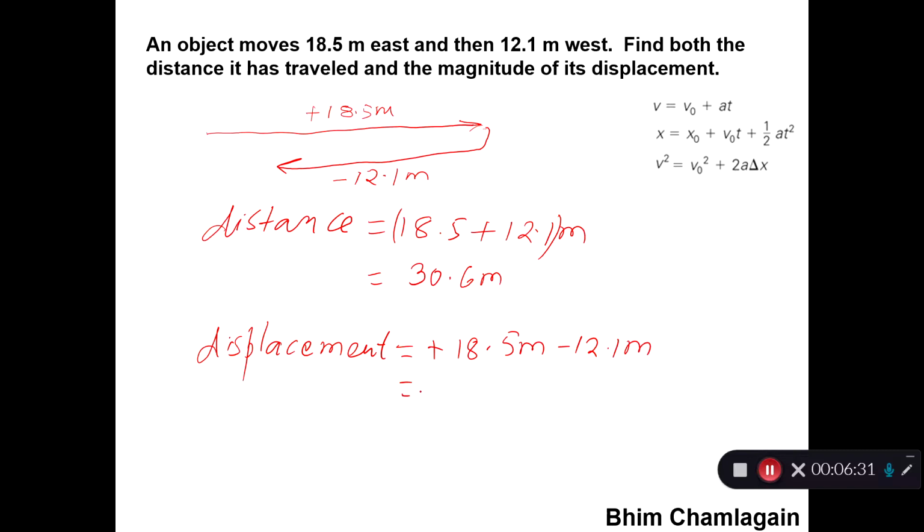If you subtract them, you get 6.4 meter. Now this is less than distance traveled. The final answer is positive, so the direction of displacement is along east, because we are taking east as positive. So this is the displacement magnitude, and if someone asks its direction, it should be east.